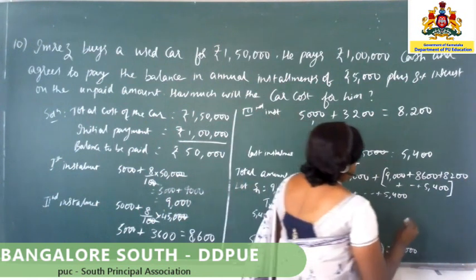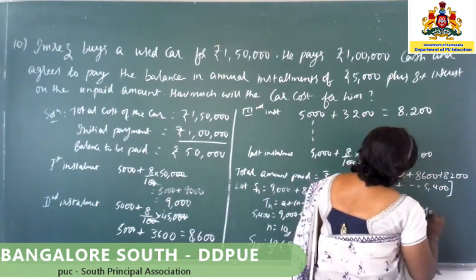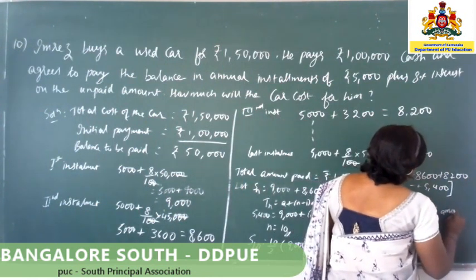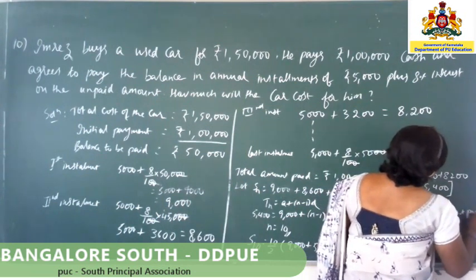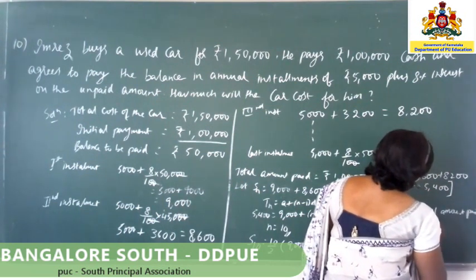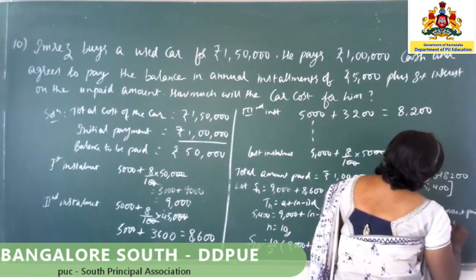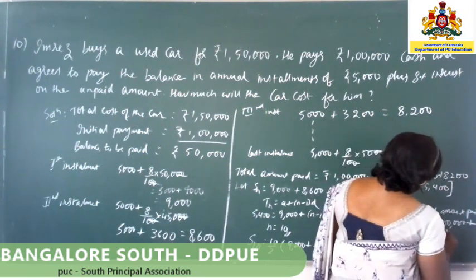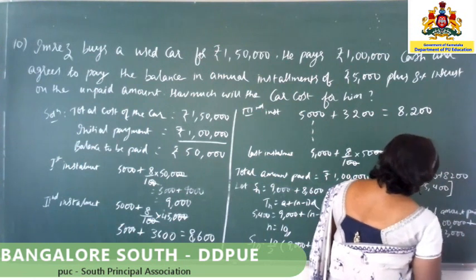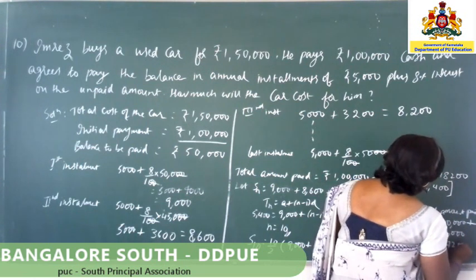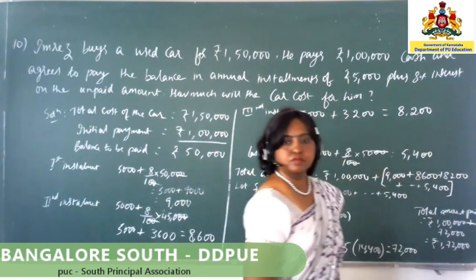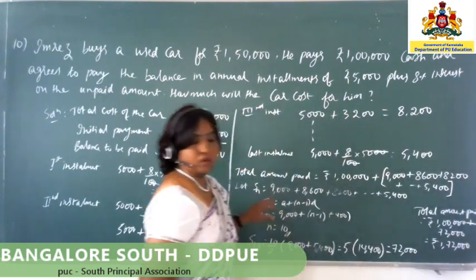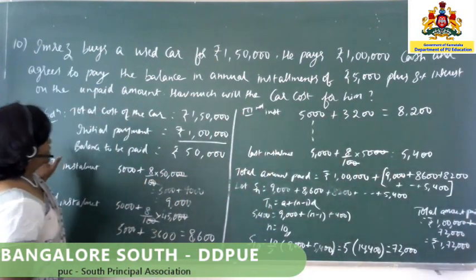So now the total amount paid is equal to rupees 1 lakh plus 72,000, that is equal to rupees 1 lakh 72,000. So this is how you'll be doing this sum. So make a note of this.